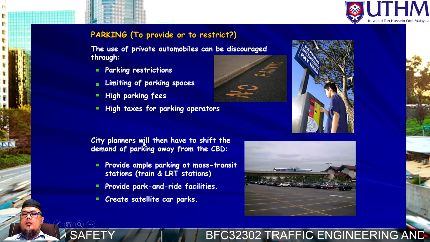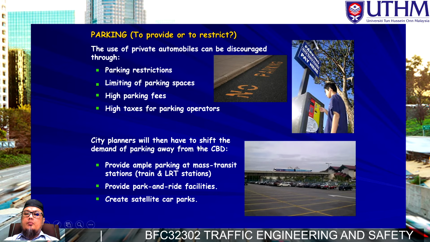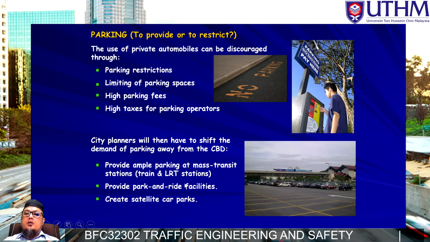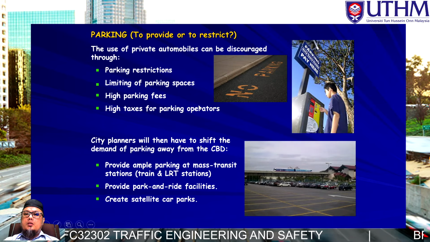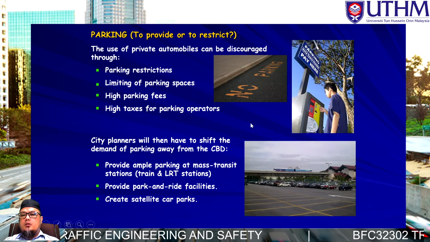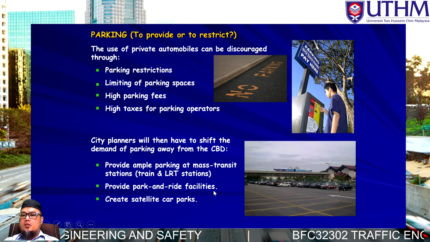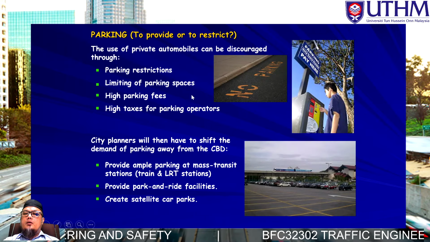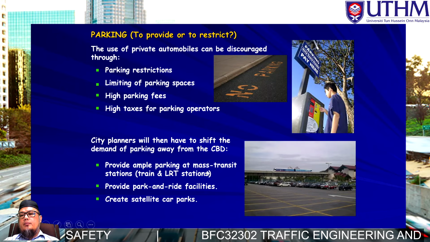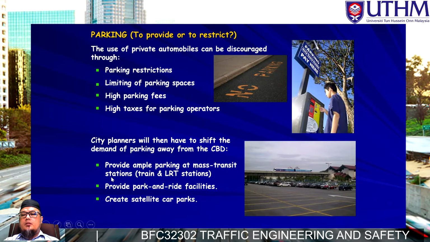Then the city planner will shift the parking demand away from the CBD. So we have to use some alternatives, because we're going to limit the parking for the motorists. So we have to provide some facilities to reduce parking by other motorists. So provide ample parking at the mass transit station.